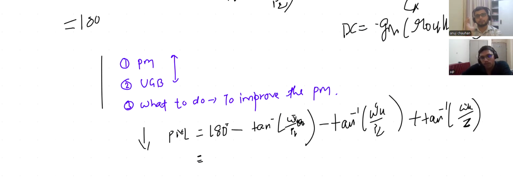If it is a first order system, what will this first term reduce to?